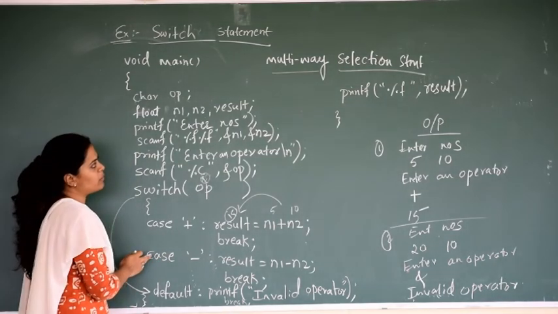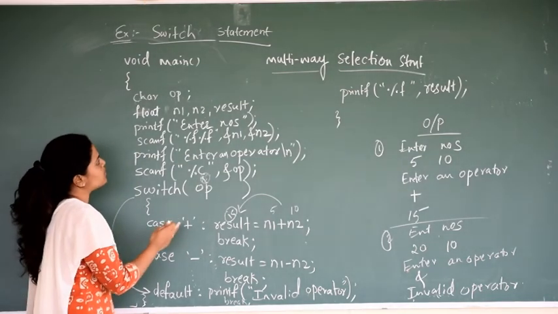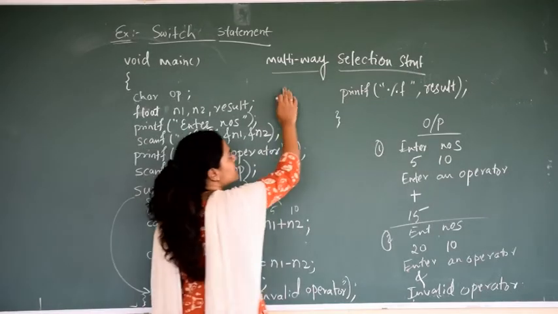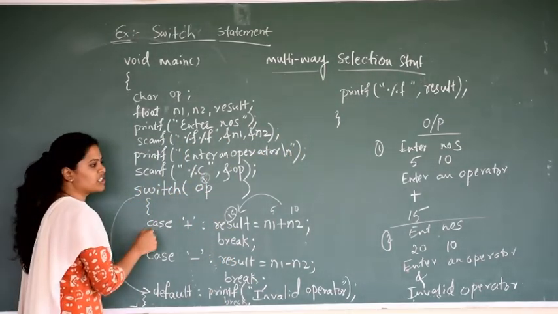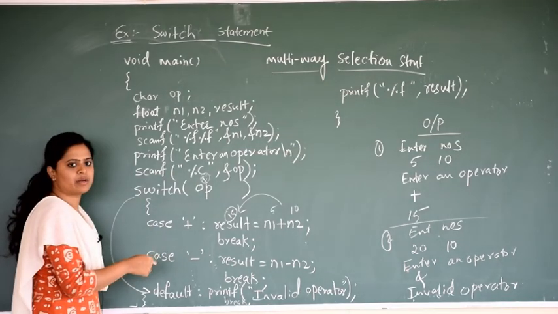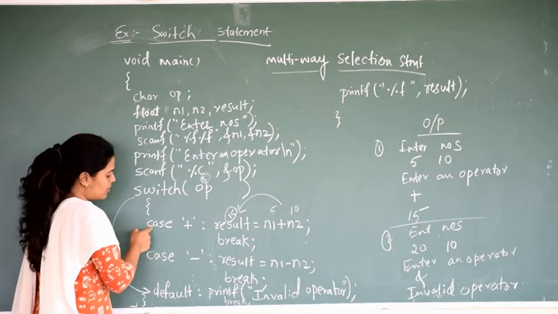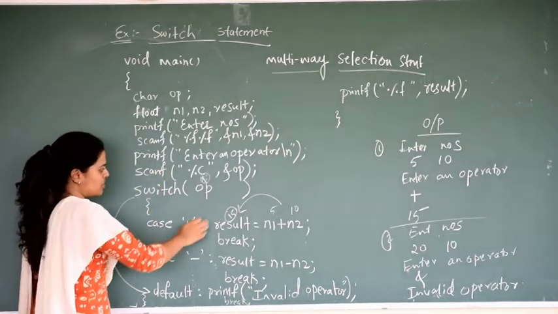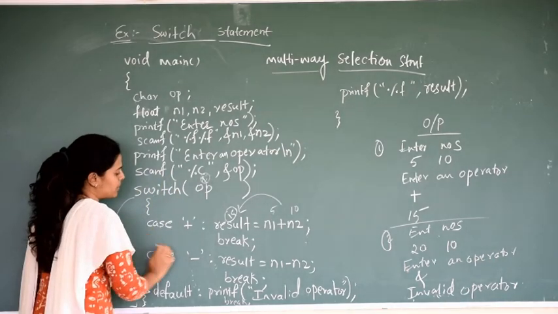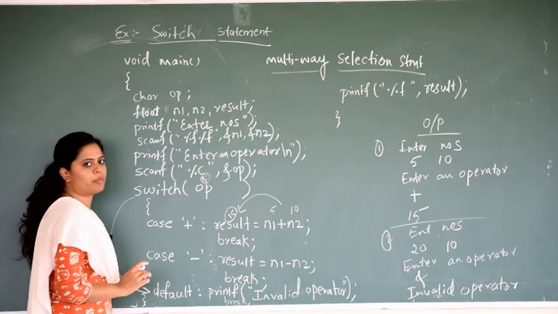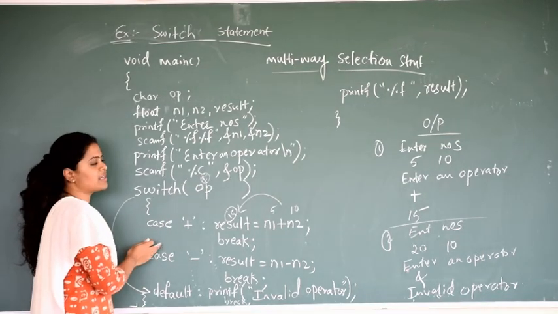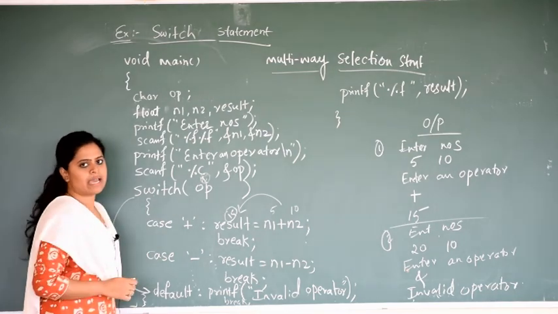The difference between else if ladder and switch is, though both are multi-way selection statements, in else if ladder each if condition will be checked until it becomes true. But in switch case, only that particular block will be executed which is matching with the operator. So this is faster and saves a lot of time compared to the else if ladder.